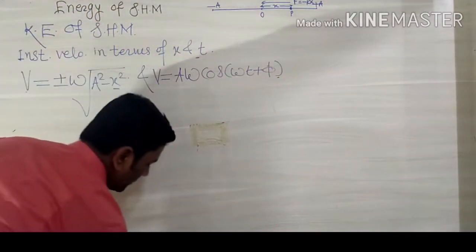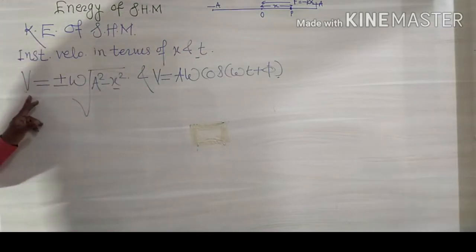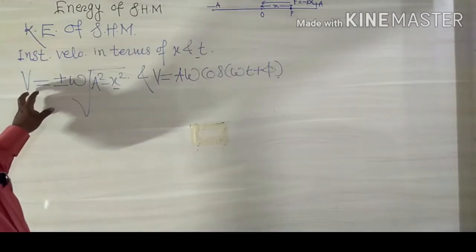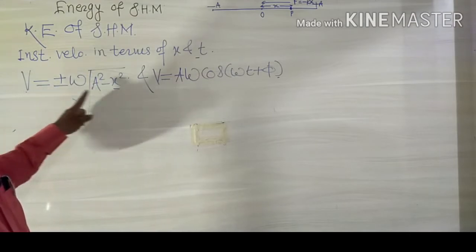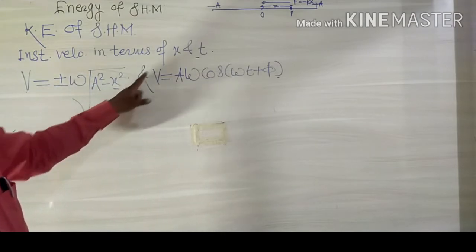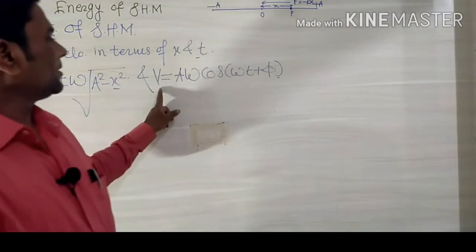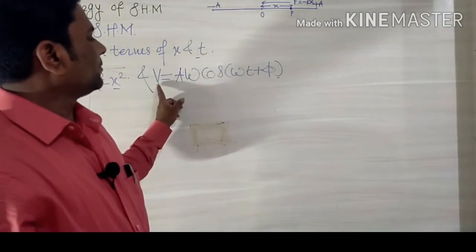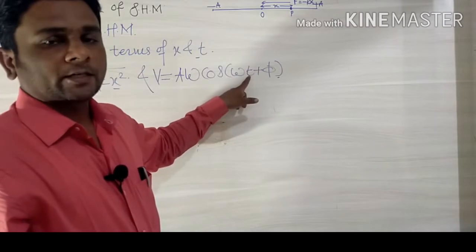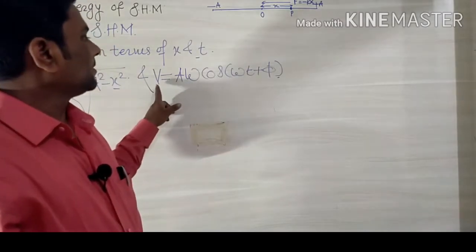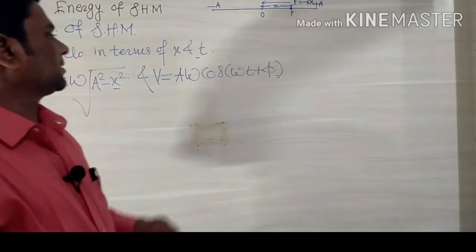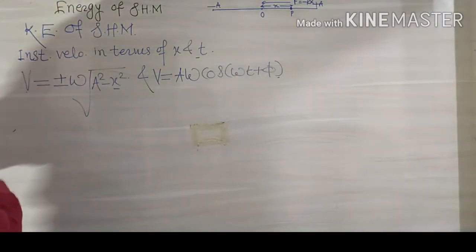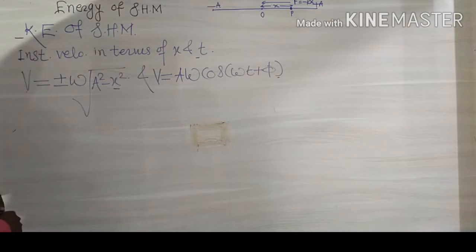We are already familiar with these two equations: the velocity in terms of displacement x, and the velocity in terms of time t, obtained by differentiating the displacement equation.